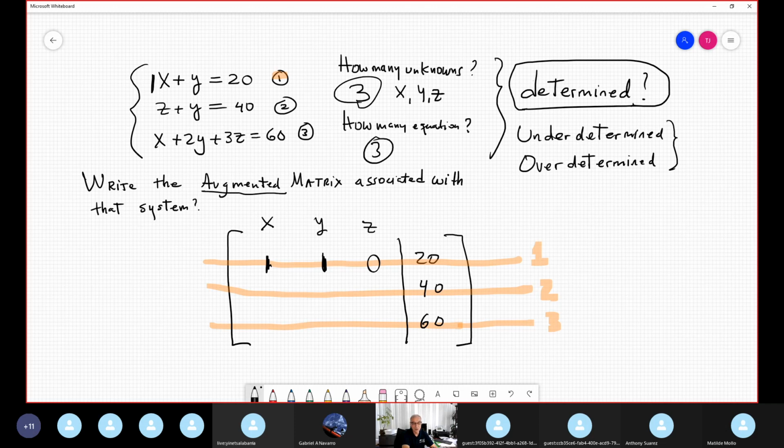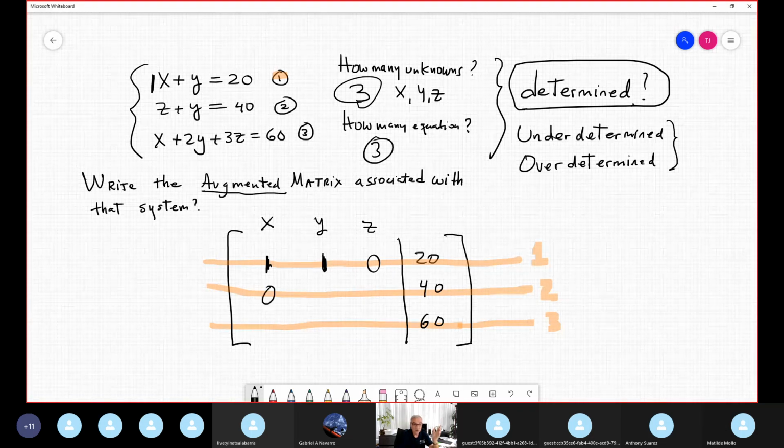Who helped me with the second equation? To confuse you, in the original system given, I put the variables completely disorganized, but no. The beauty of the matrix is you organize 1 column for the X, 1 column for the Y, and 1 column for the Z. And in the second equation, what is the coefficient of X? 0.